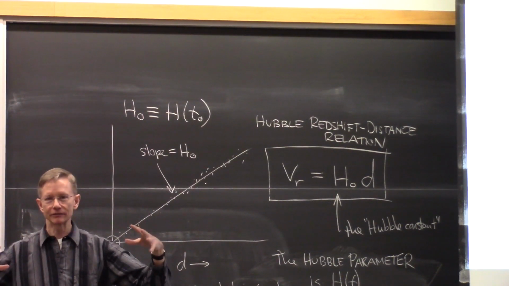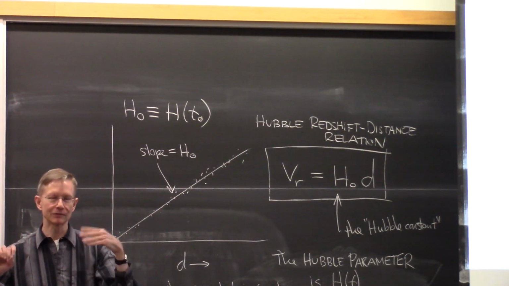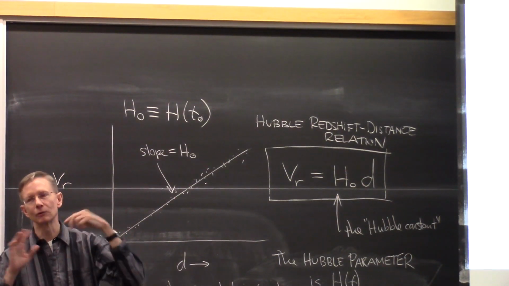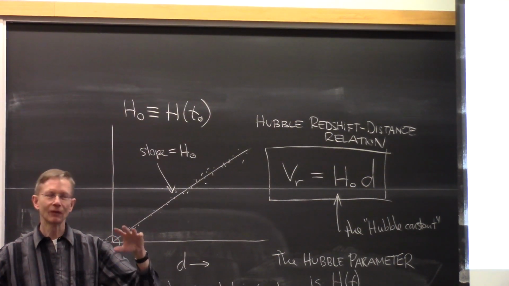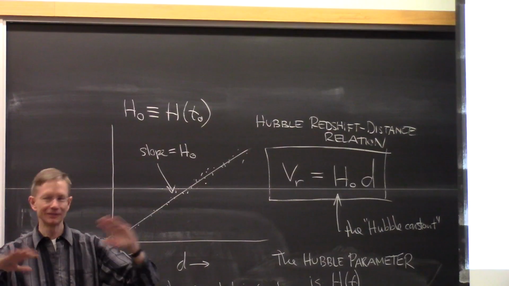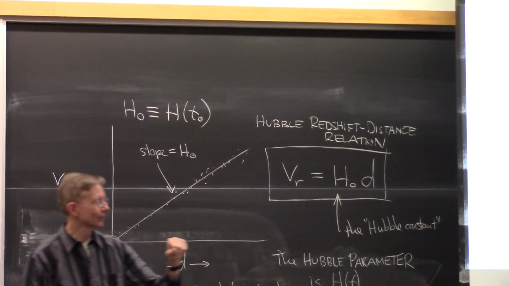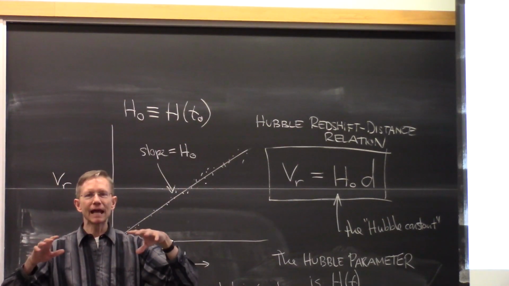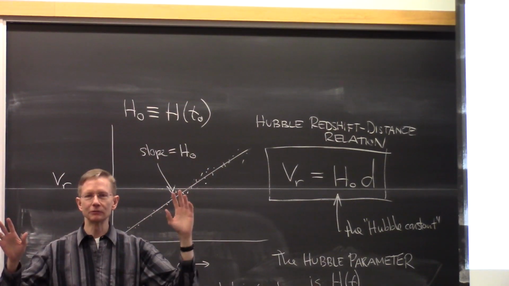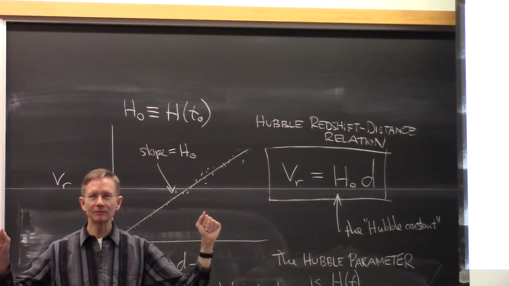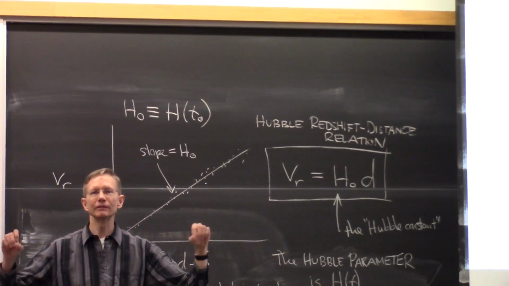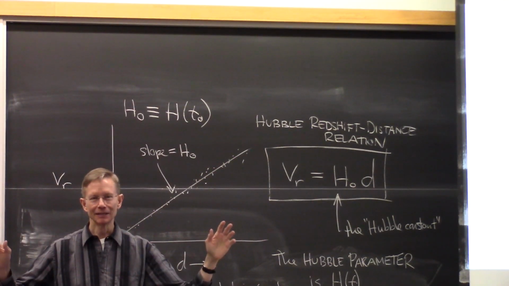Like the Andromeda Galaxy turns out to be moving towards us, but that's because it's close enough that its motion through space overcomes it being carried away from us by the expansion of space. Okay, I spoiled the punchline, but you probably know that already. So every galaxy, it looks like you're the center of the universe and everybody's running away from you, so to speak. And really the universe doesn't have a center.